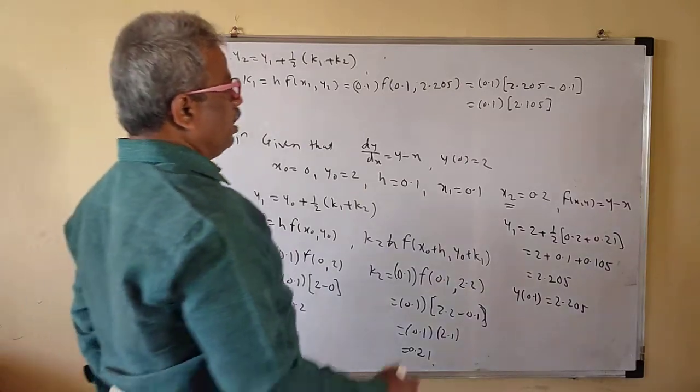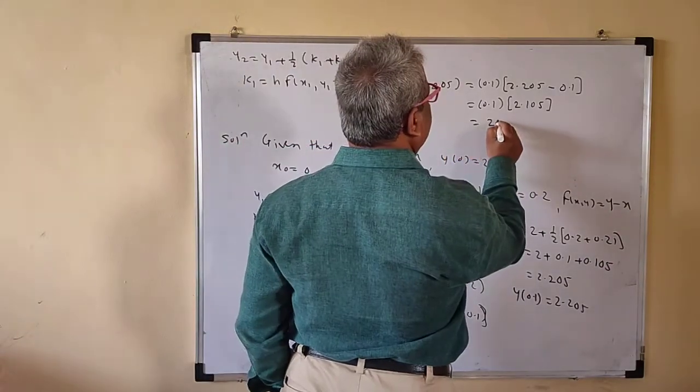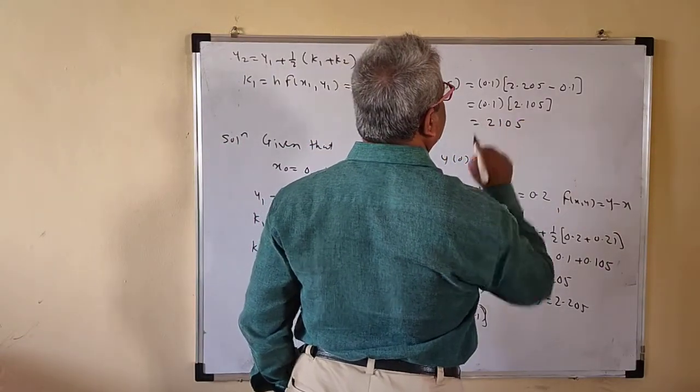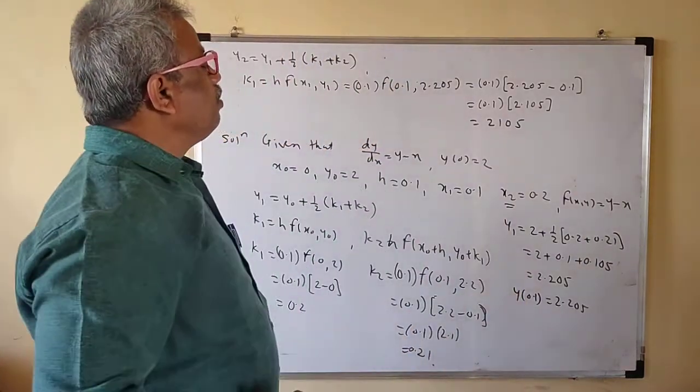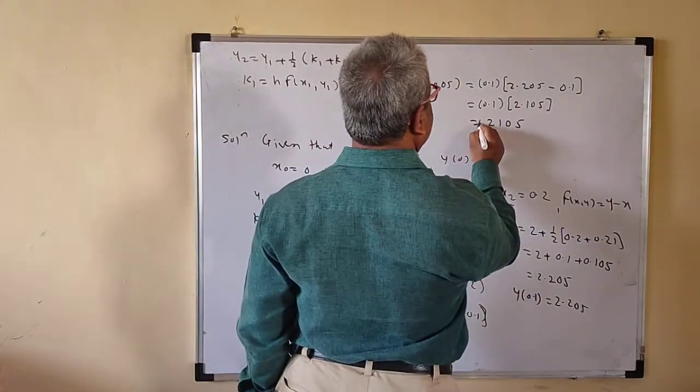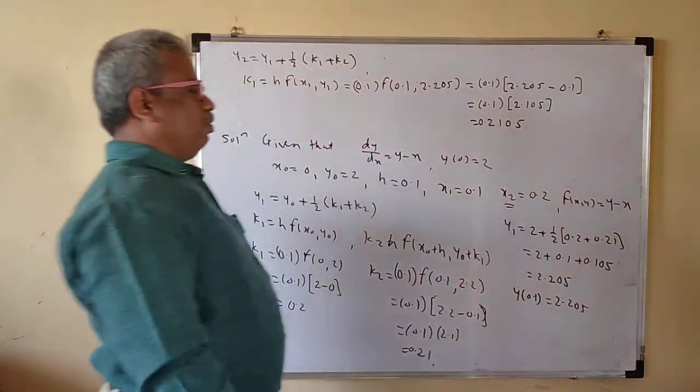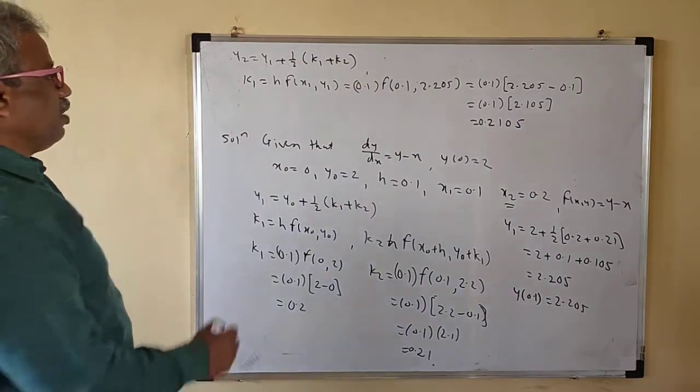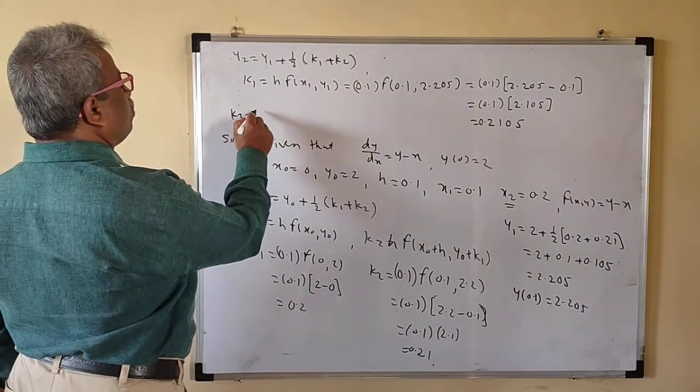We take the product, 2105, and then keep 4 decimals. So 0.2105 is your k1.